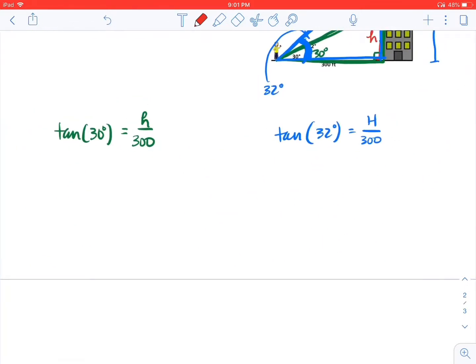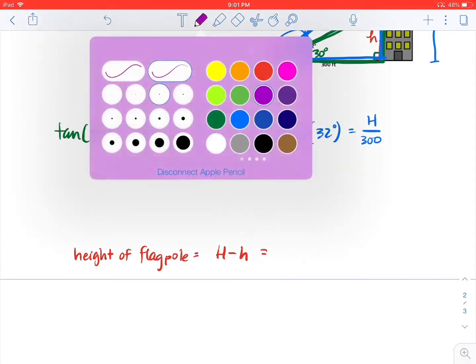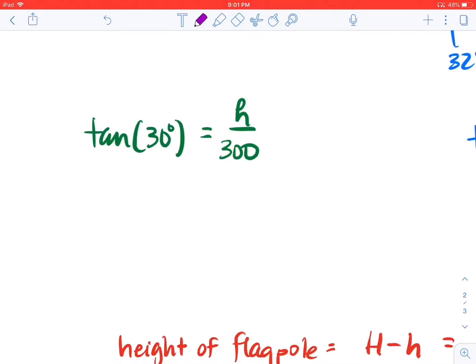So what I'm really looking for is the height of the flagpole, which would be the entire height minus the building height, meaning I need to find each of little h and big H. Well, I have two equations that I can solve separately to find those. Let's change it to green. If I wanted to solve for h in this case, I can multiply both sides by 300. h is equal to 300 times the tangent of 30 degrees.